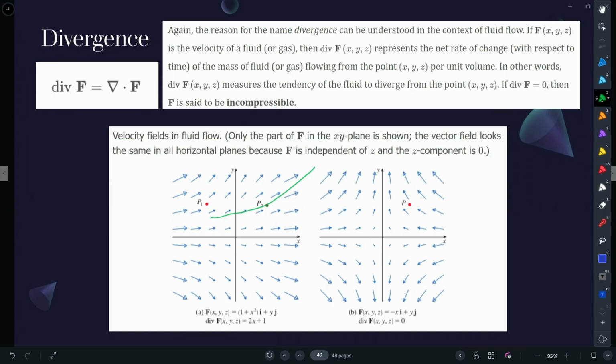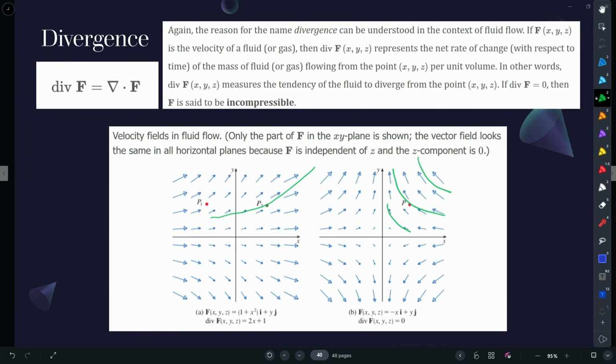But if I do the same thing in this one, if I go along the paths that are defined by the vector field, the flow is in fact the same along those lines. It's faster here and slower here, but along the lines of the flow it is constant. So the rate of change is 0 because the flow is the same.